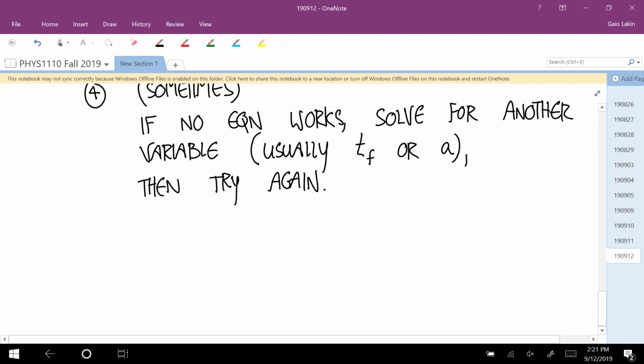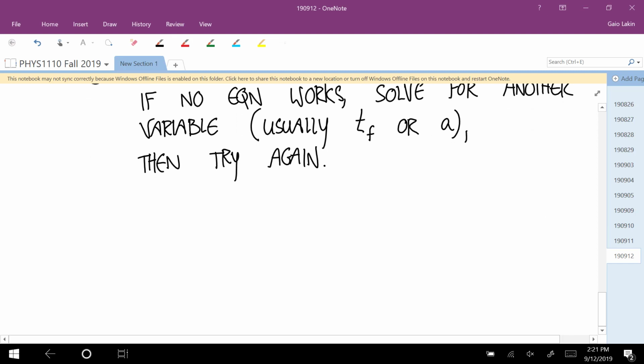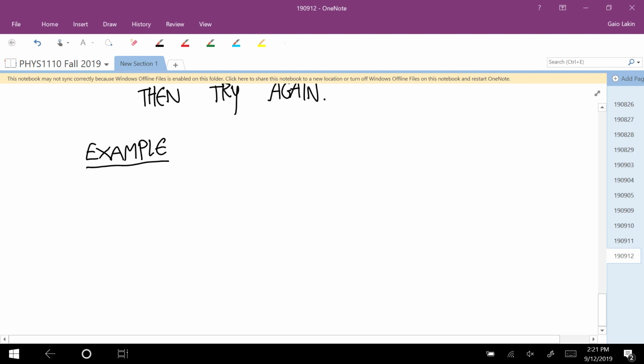Okay. So let me do an example. So let's say a ball gets rolled up a ramp.